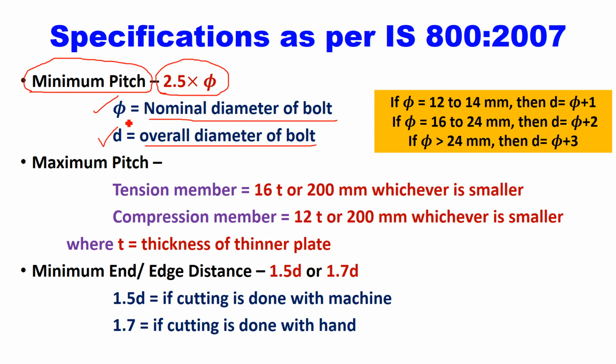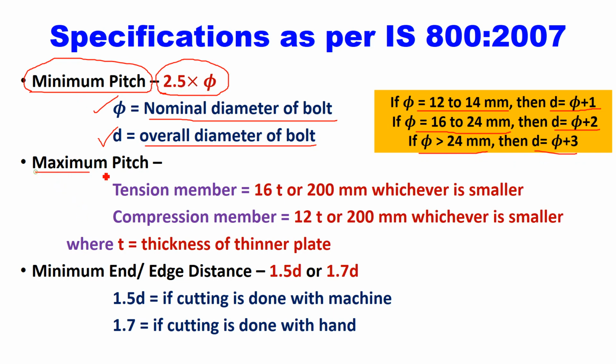What is the relation between phi and D? If phi is 12 to 14 mm, then D equals phi plus 1. If phi is 16 to 24 mm, then D equals phi plus 2. And if phi is greater than 24 mm, then D equals phi plus 3. This is the minimum value of pitch, that is 2.5 times phi.